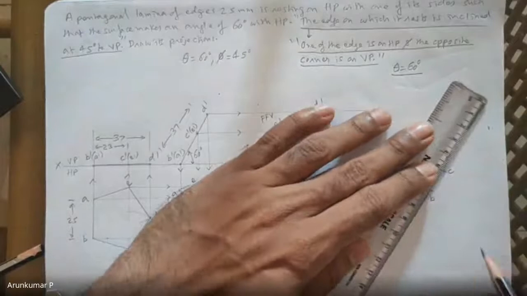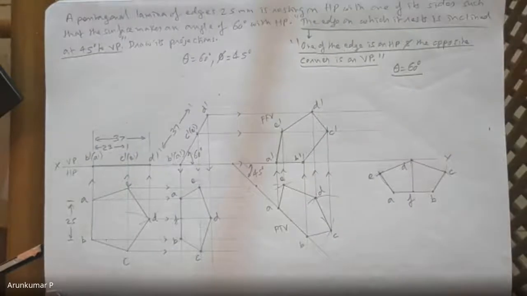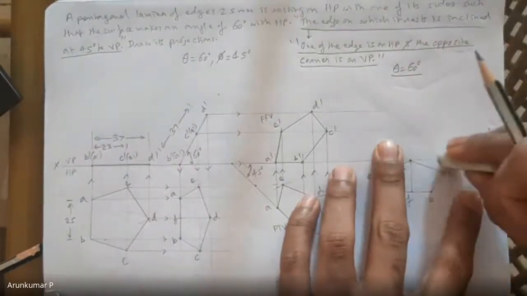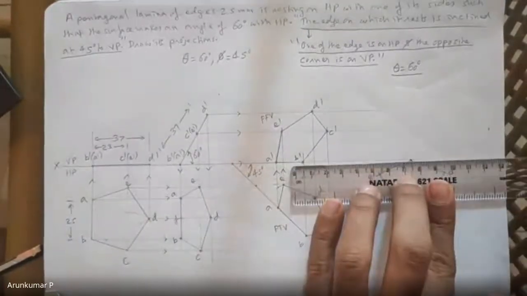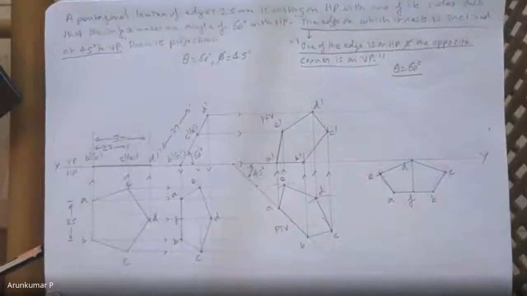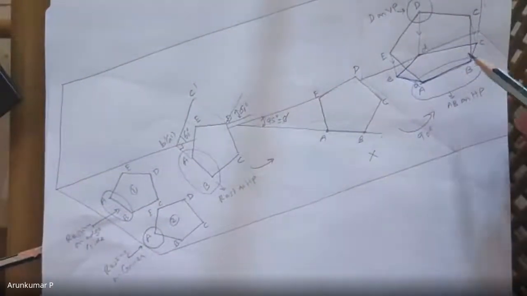In the third step, in such a way that the corner D is on XY line. And I'll extend this XY line. So this is exactly what I had got in the 3D view, if you see.